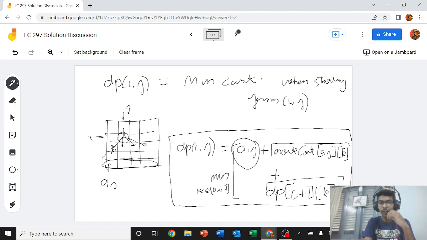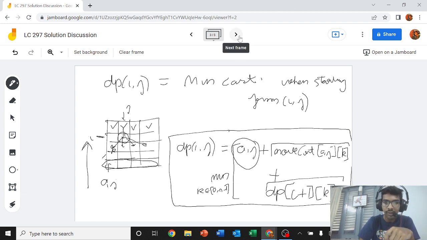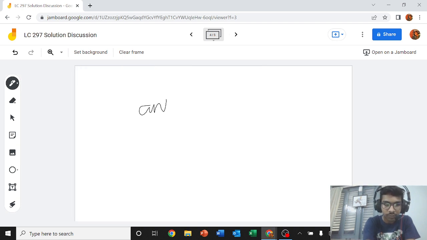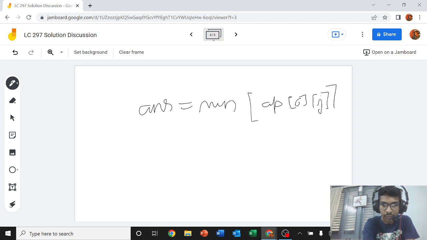And finally, when we have computed these DP states in a bottom up way, then we can start from here or here or here. So the answer is going to be the minimum over all the dp of 0 comma j values for all j belonging to 0 to n minus 1.